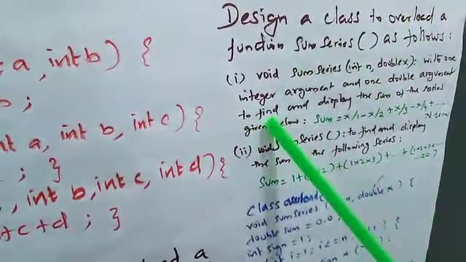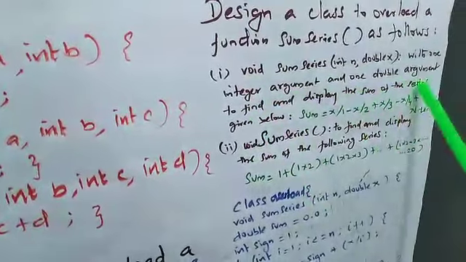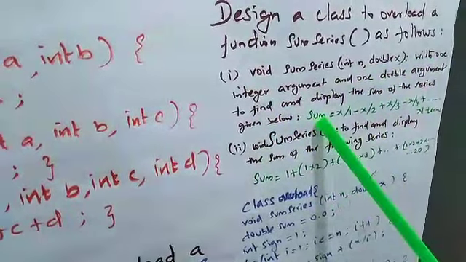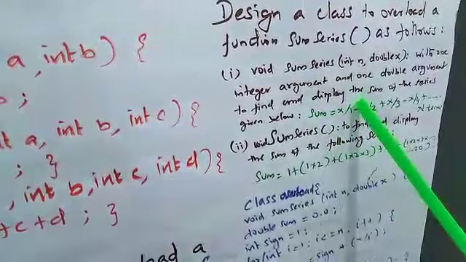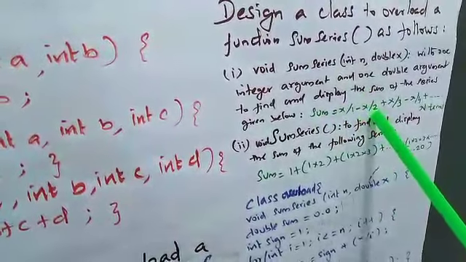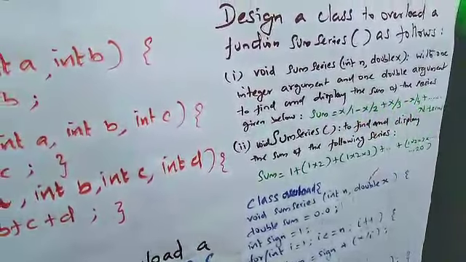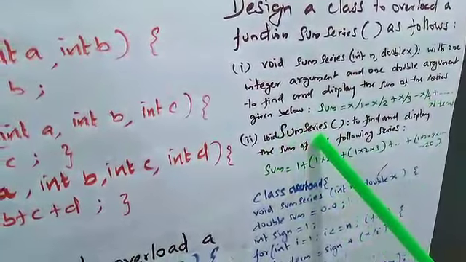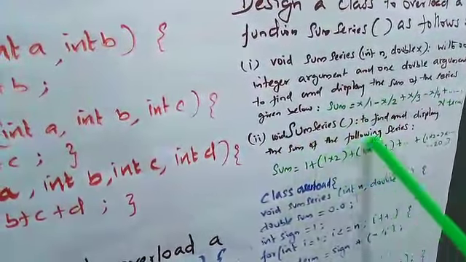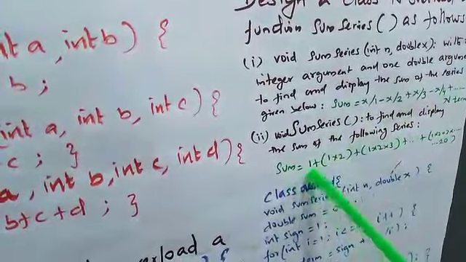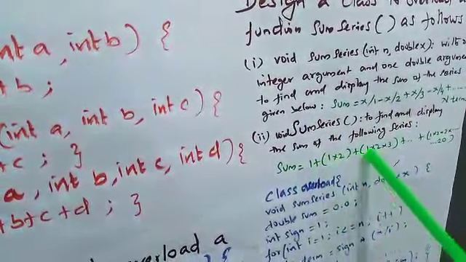What I have to do is find and display the sum of the series given below. The series is sum equal to x by 1 minus x by 2 plus x by 3. Next, void sumSeries to find and display the sum of the following series: sum equal to 1 plus 1 into 2 plus 1 into 2 into 3.